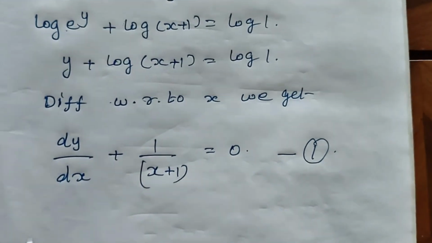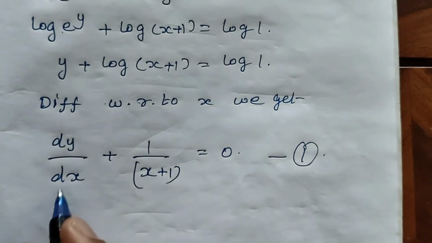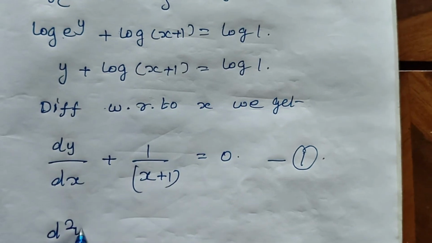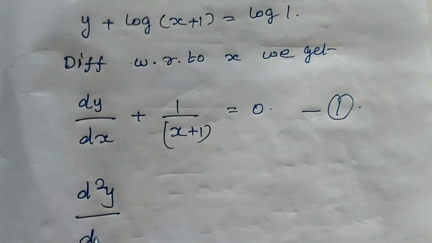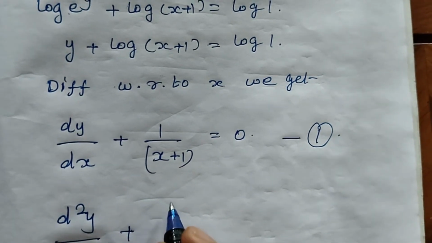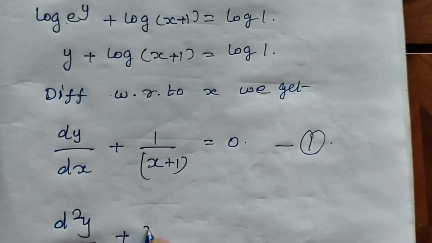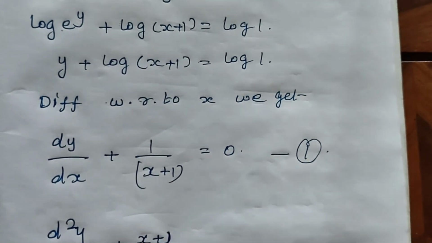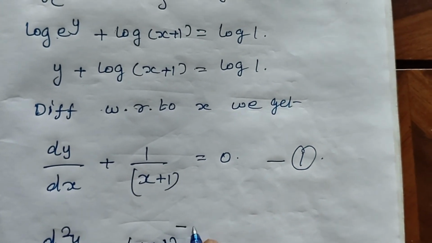Next, again differentiating with respect to x, what you get? D square y by dx square plus, here it is x plus 1 the whole power minus 1, that is minus 1.